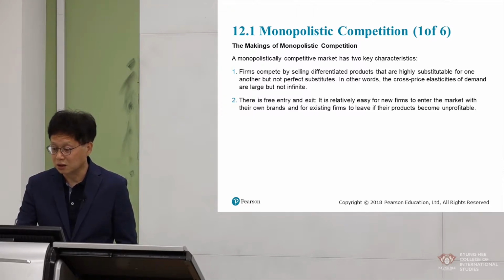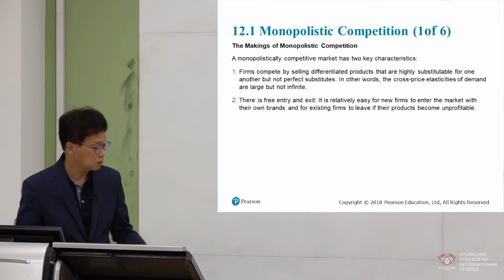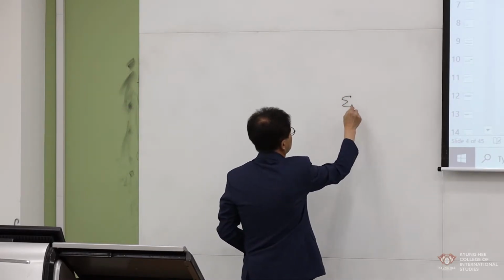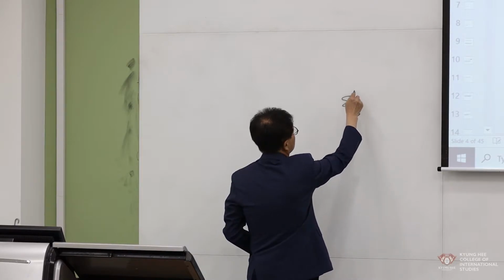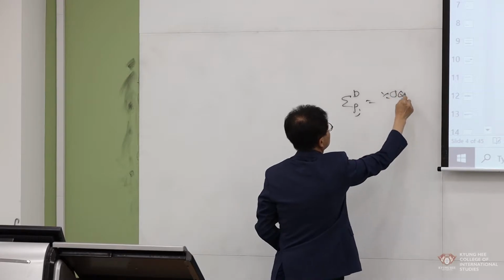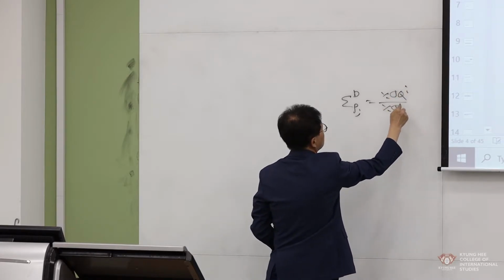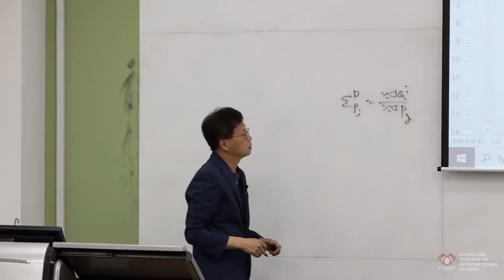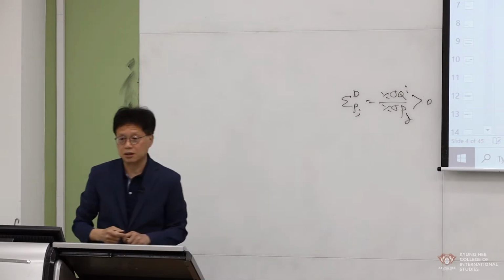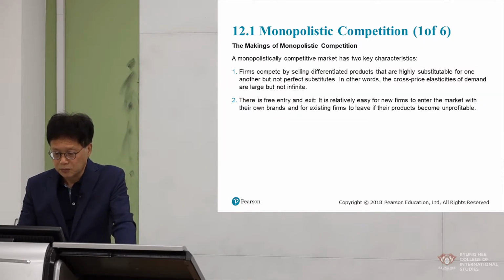Because of this, the cross price elasticity of demand is large. We already studied cross price elasticity of demand, right? That is the percentage change in Q_i over the percentage change in the price of J, for example, right? That is positive. It is the cross price elasticity of demand. That is number one feature.